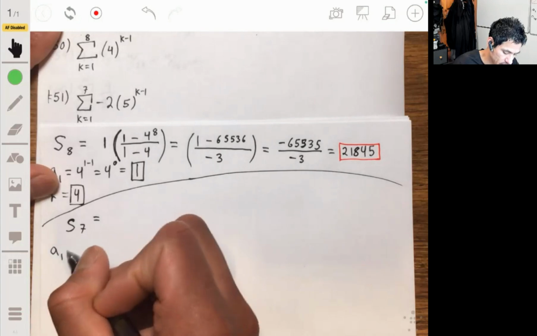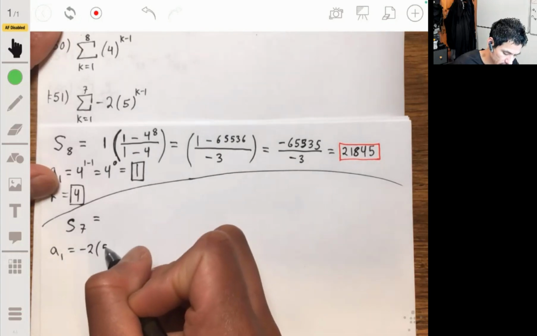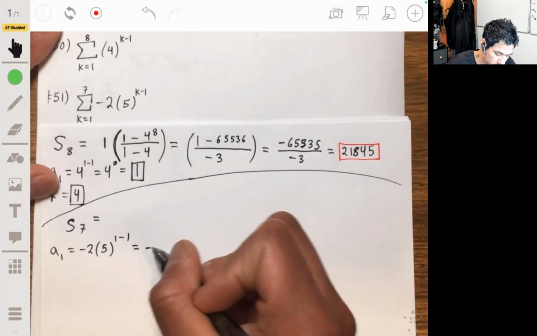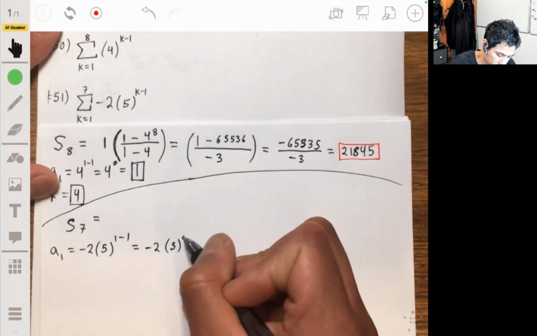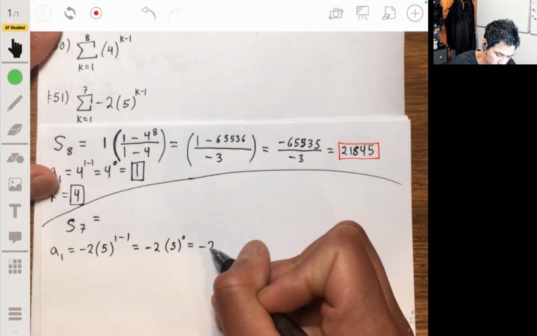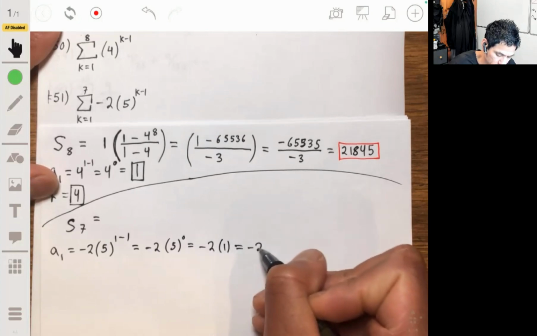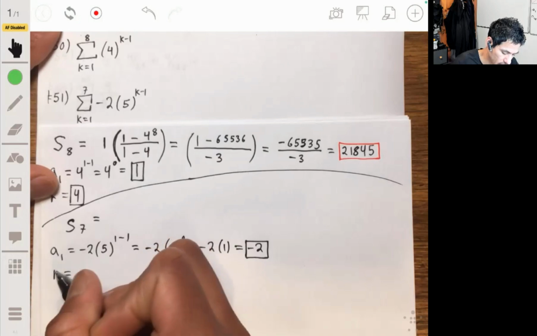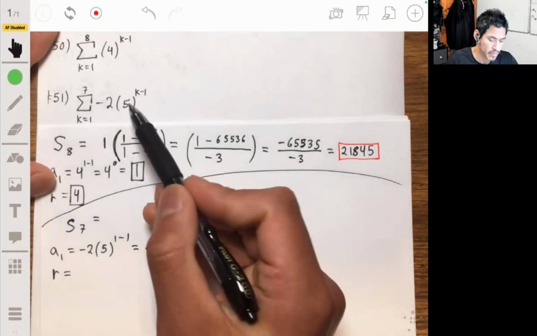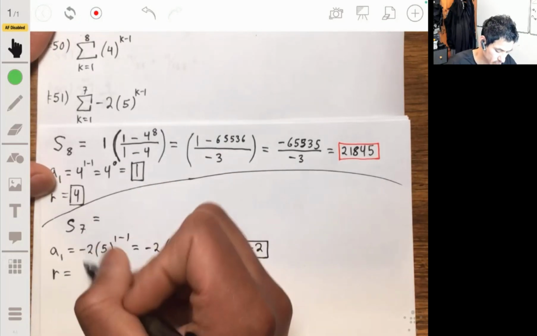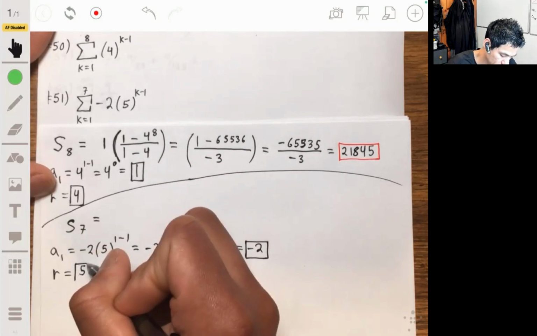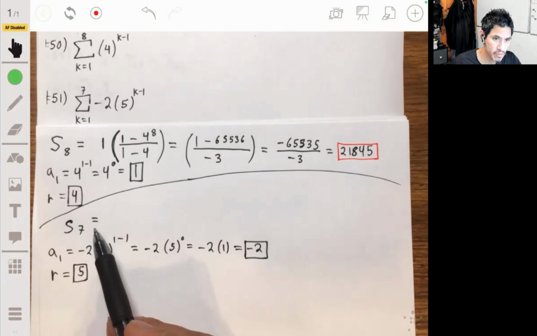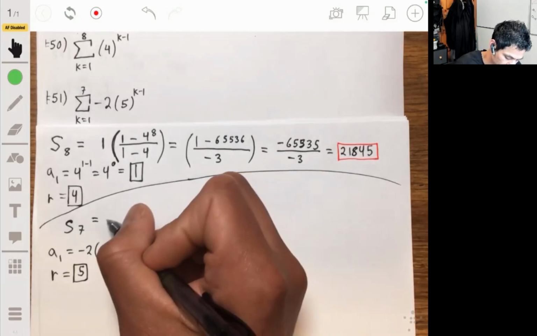You'll get that A1 is negative 2 times 5 to the 1 minus 1, so negative 2 times 5 to the 0, so negative 2 times 1, which will be negative 2. And the R will be the 5 here.